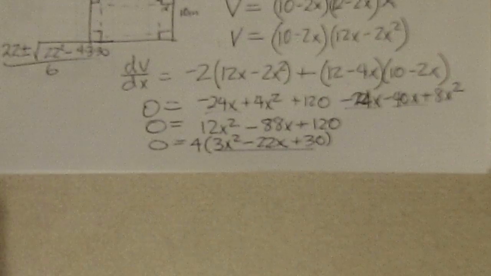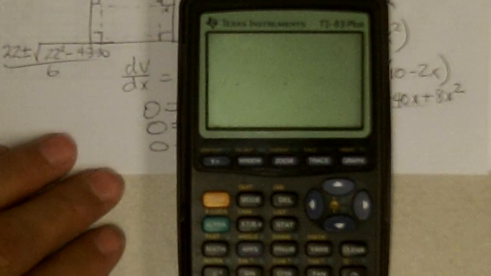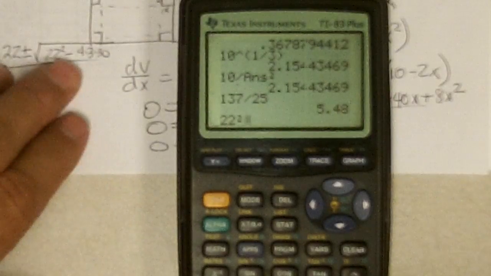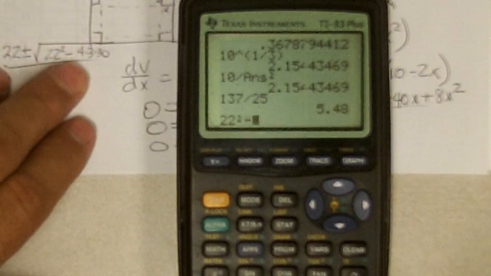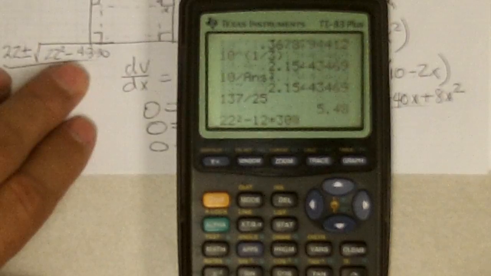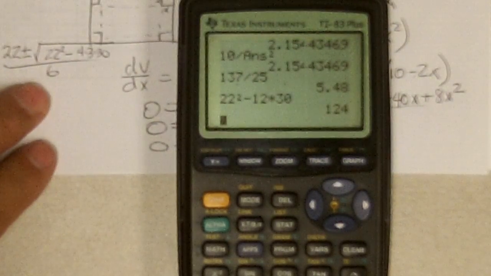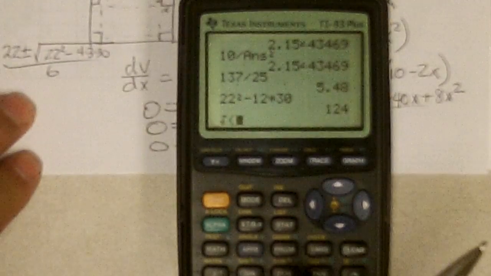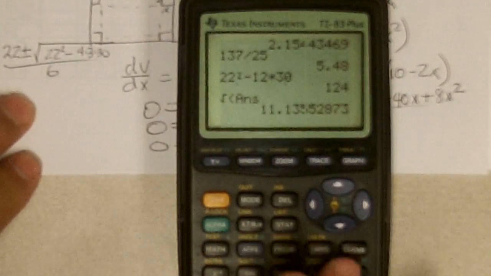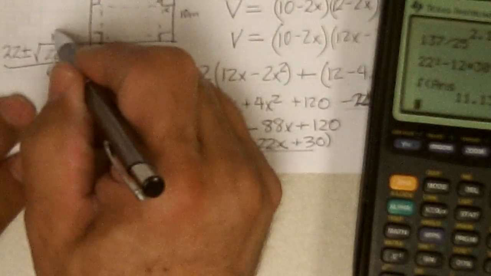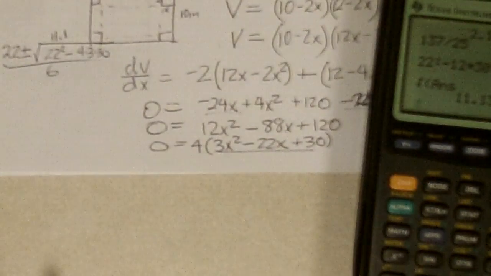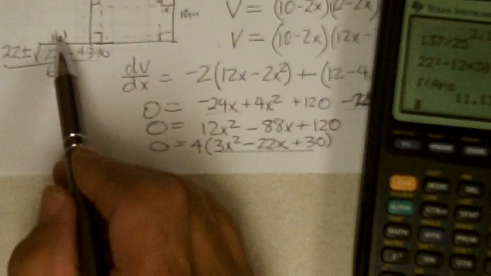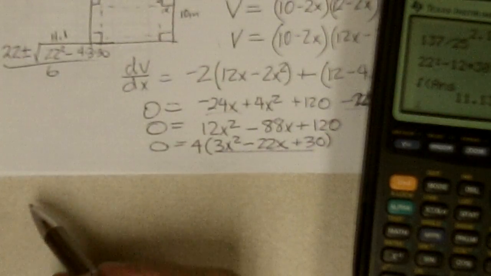So that's 22 squared minus 12 times 30, which is 124. And so the square root of that answer is 11.1. So it didn't factor. So we get 22 plus 11.1 and 22 minus 11.1.